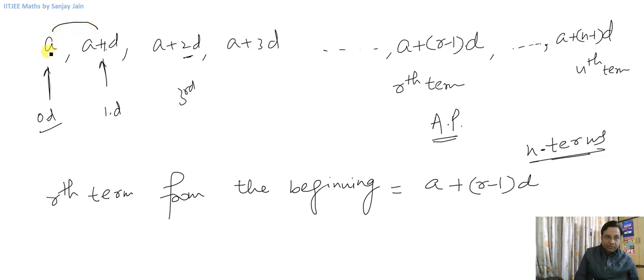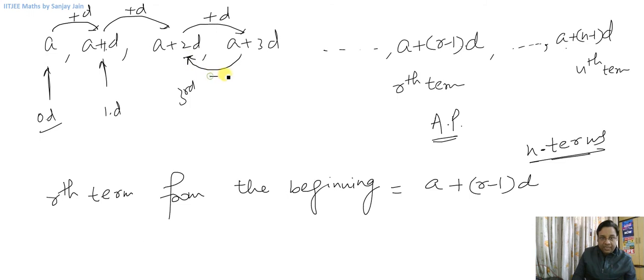When you go from the first term to the second term, you need to add D. Second to third, you need to add D. Third to fourth, you have added another D. This is how you will go from left to right. But if I have to come back, for example, from this term to this term, I'll have to subtract D.